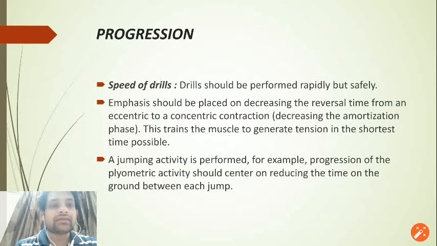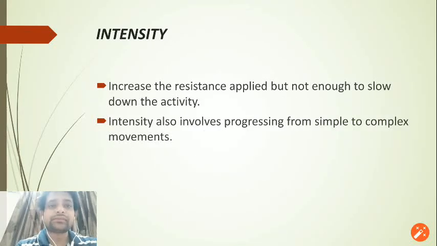Emphasis should be placed on decreasing the reversal time from an eccentric to a concentric contraction, and this trains the muscle to generate tension in the shortest time possible. For example, when a jumping activity is performed, the progression of the plyometric activity should center on reducing the time on the ground between each jump.